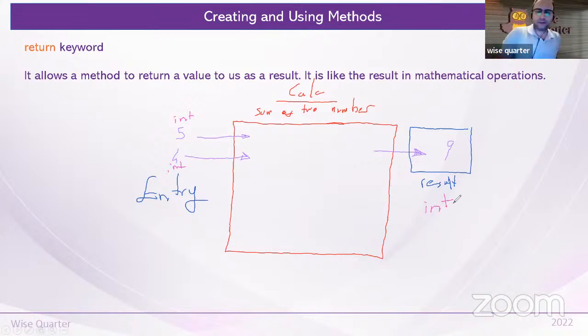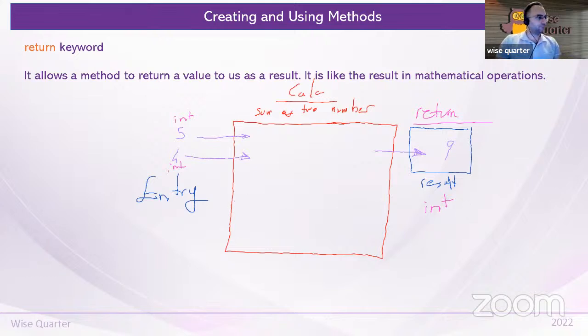When you are creating the method, you should explain those details. You should say, hey, this mission will accept two integer numbers, and the result will be an integer number. This will be the return. I mean, this mission, don't mind the entries, it will return an integer number.